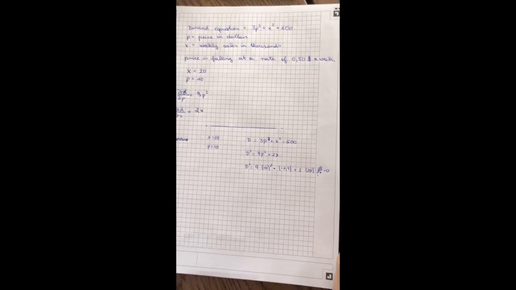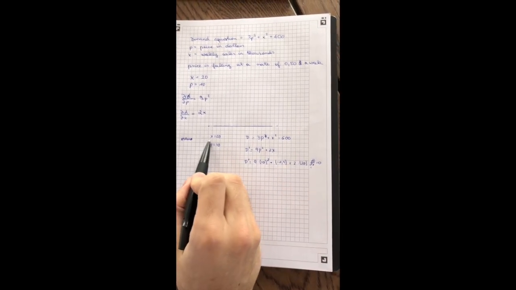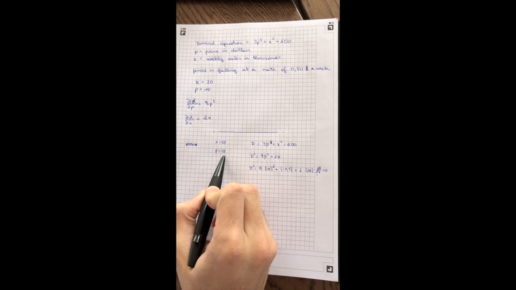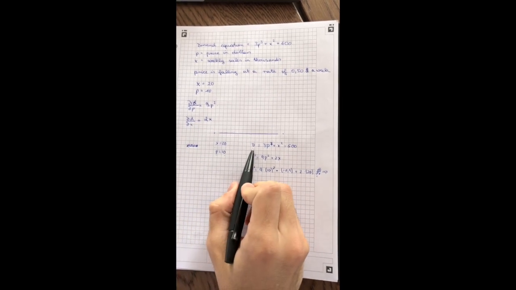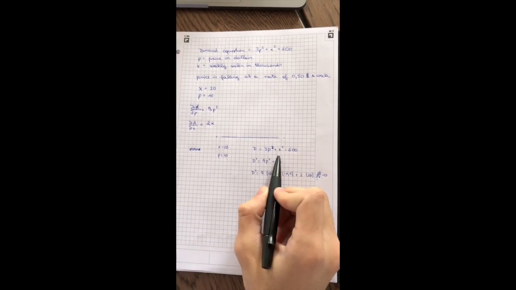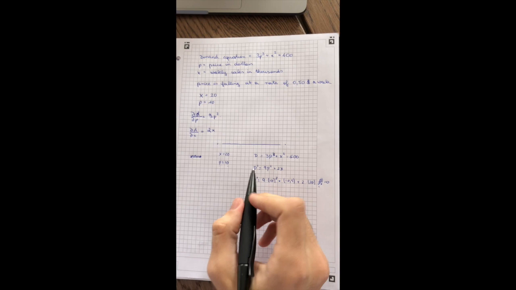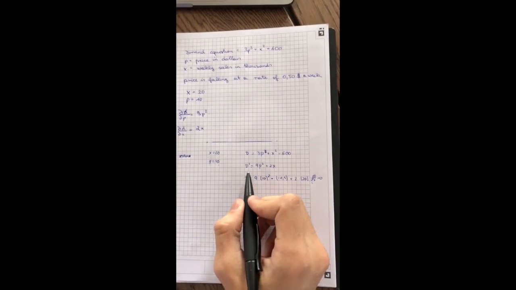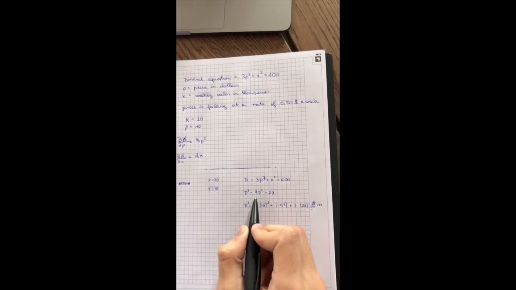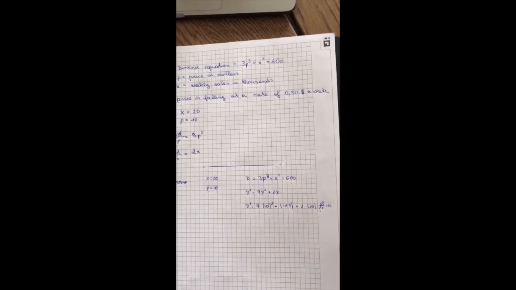In the first exercise, we are going to see how to determine the rate at which sales are changing at a time when x equals 20 and p equals 10. Here we have our demand function, 3p to the power of 3 plus x to the power of 2 equals 600. The derivative of this function is 9p to the power of 2 plus 2x.